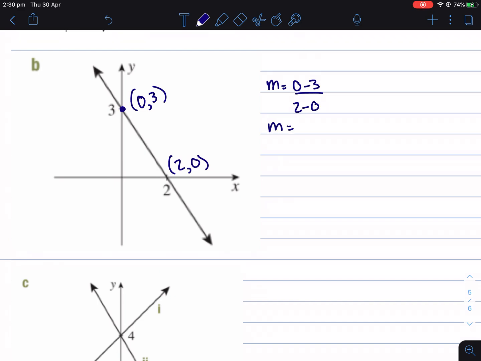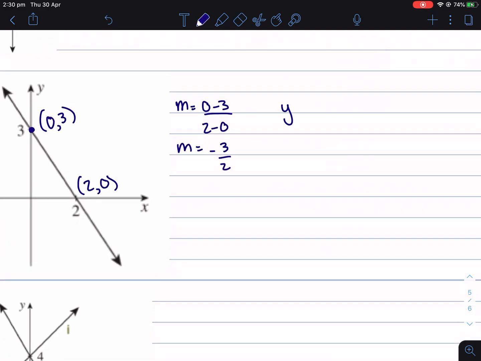So the gradient is -3 on 2, and using y minus y1, I'm going to chuck the x-intercept here because I like having y minus 0 equals -3 on 2, x take 2. So I've got y equals -3 on 2x plus 3 on 2 times 2 is 3. That's it.